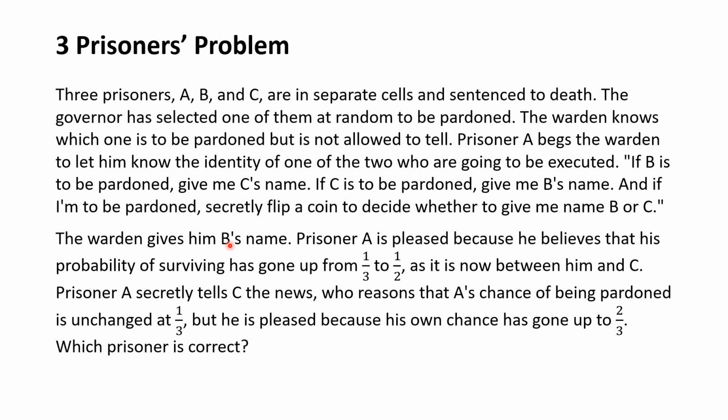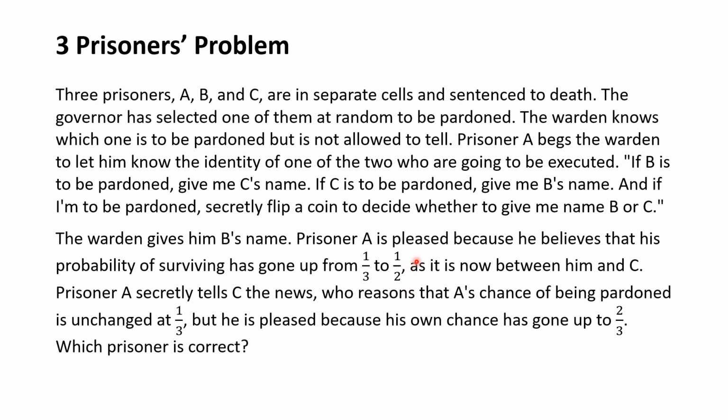So at this point, A is pleased because he believes that his probability of surviving has gone up from 1/3 to 1/2. His reasoning is that there's just two of us left now, and I know B is going to be executed, so it's either me or C who's going to get pardoned. So I now have a 1/2 probability.